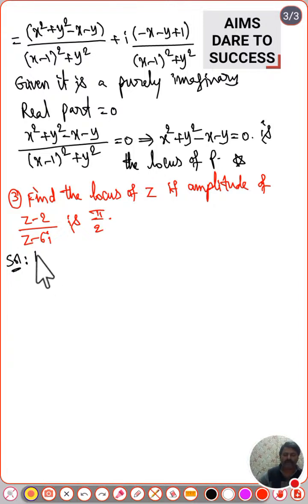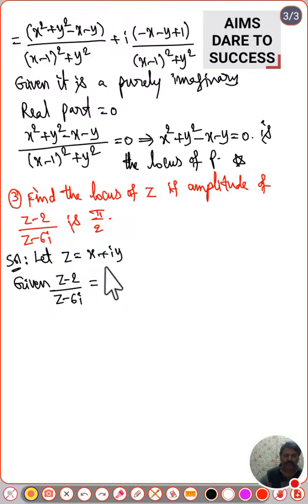First of all, whether or not they specify it, Z is x plus iy. Now I am considering the given value (Z minus 2) divided by (Z minus 6i). The Z value is x plus iy minus 2 divided by the Z value x plus iy minus 6i.